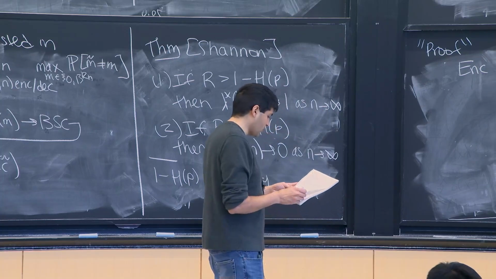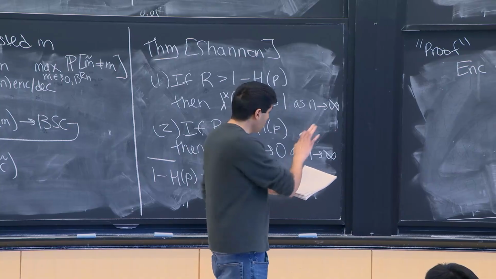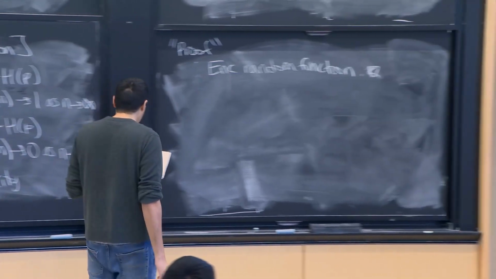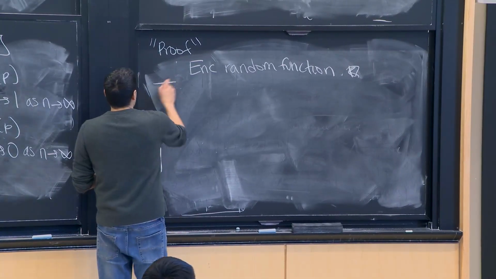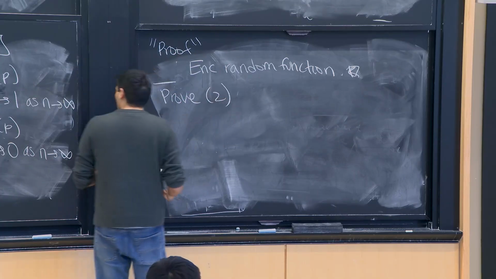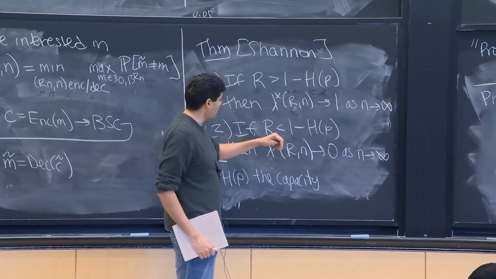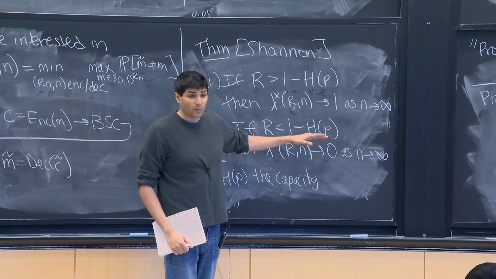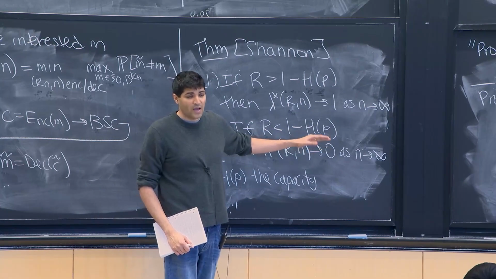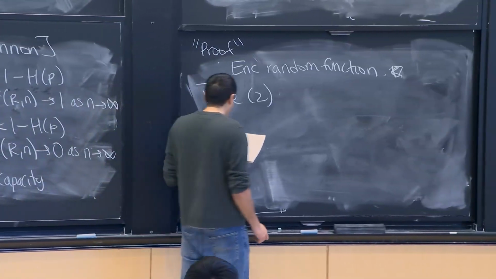So, this is our strategy. Let me introduce a bit more about what the strategy is. What we're going to do is prove this second statement first, which is, of course, the positive statement that we really can communicate at some positive rate. So let's prove 2 first.